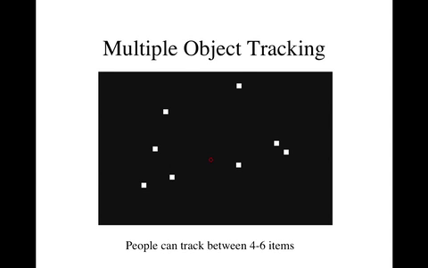And as we said, there seem to be some specific limits on this kind of ability, somewhere between 4 and 6. Some people have greater ability than others. And one important thing to notice here is that in multiple object tracking, it really is locked on to things that are objects. It's less clear that you can pay attention to, say, 4 locations at once. But when it comes to objects, it seems that people are able to do this.